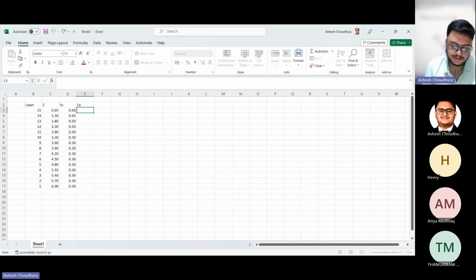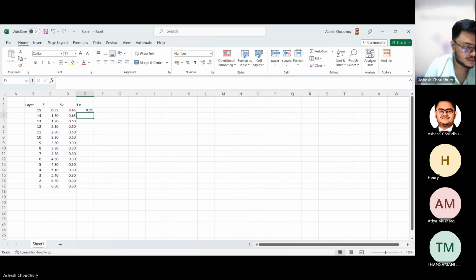Now, what is the expression for LE? Equal to SV divided by 16 times Z into 6.55 times Z plus 3.64. Did I do some mistake?